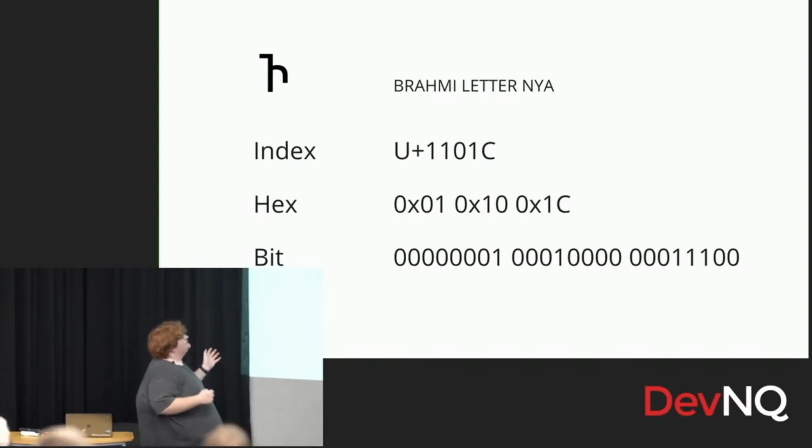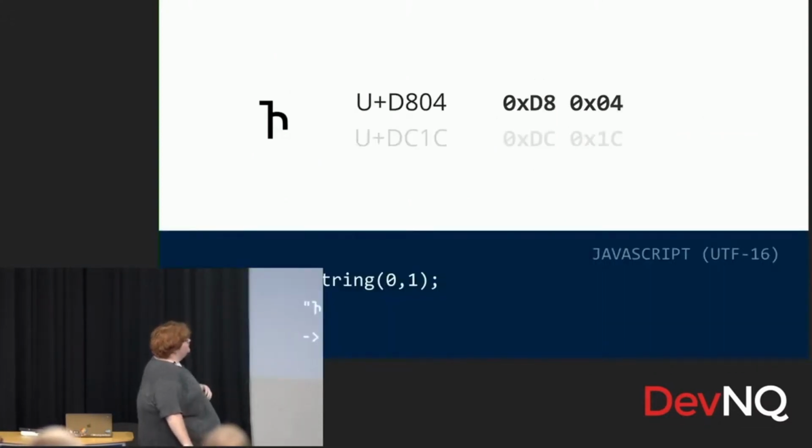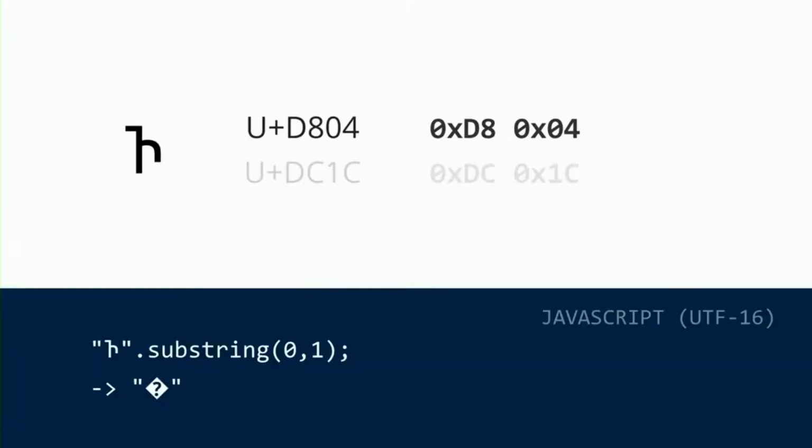So we're going to jump back to that Brahmi letter from before. Again, a 3-byte character. We all know that. If you look at that in JavaScript and slice it in half, you get a broken character. That's because JavaScript is just doing basic byte-by-byte comparison. If you take a substring of it, it's going to give you the first character without the second.